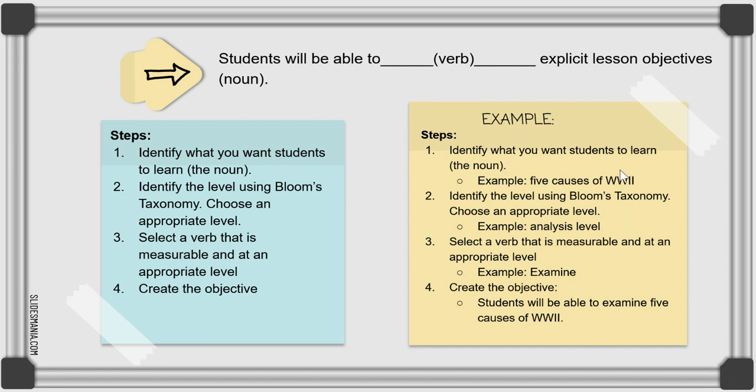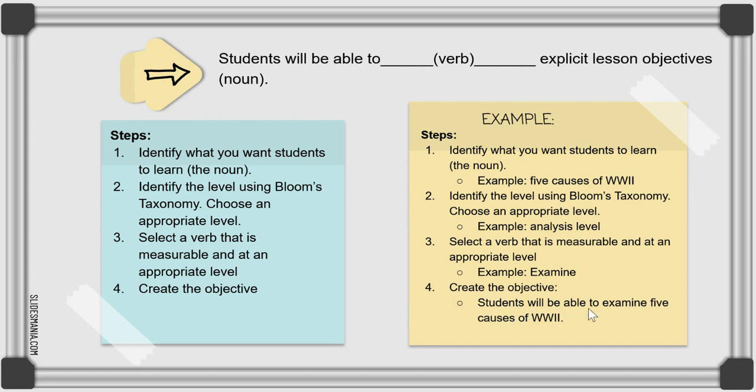And then here's an example, right? Identify what you want students to learn, which is the 5 causes of World War II. And then that is the analysis. Analysis is breaking things down, okay? So we will then go ahead and look at the verb that would be in that level, which is examine.